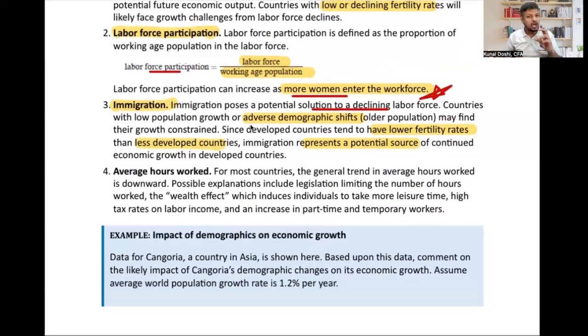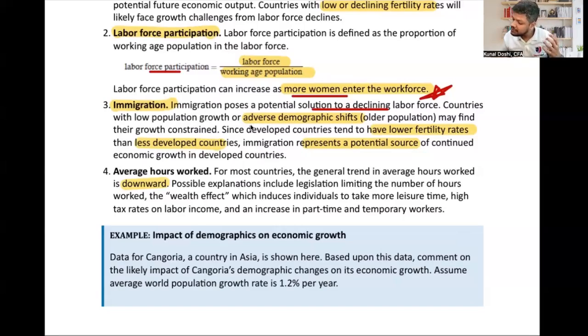Average hours worked. Okay, now how many hours should we be working? Globally the trend has been going downwards. Today, many countries are imposing limitations on how many hours should be worked so that people are less stressed and they can spend more time.